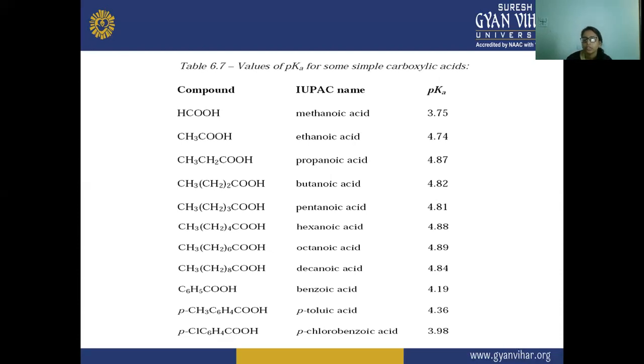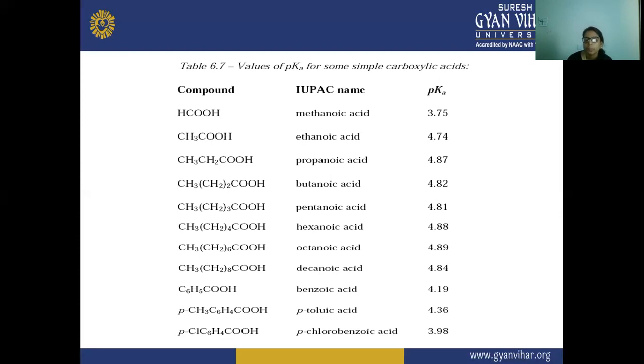But in the case of aromatic carboxylic acids, they are also lying between 4 to 5. Benzoic acid is having a pK of 4.19. And in case of toluic acid, because the CH3 group is an electron donating group, it is having 4.36.